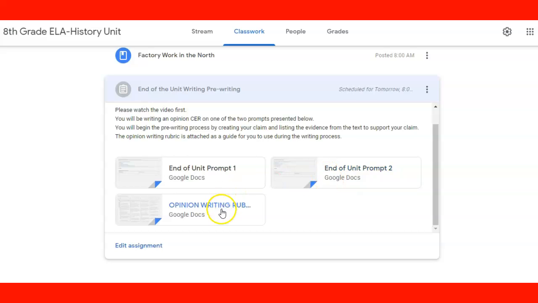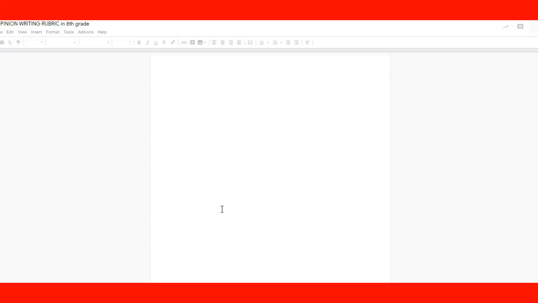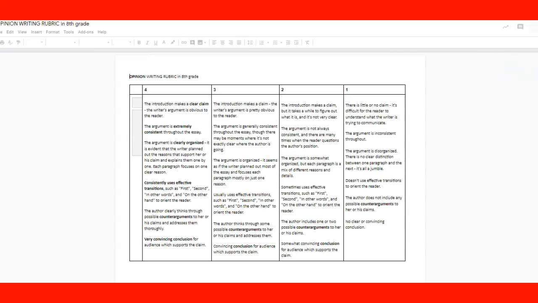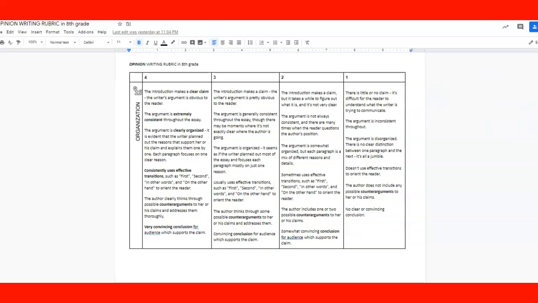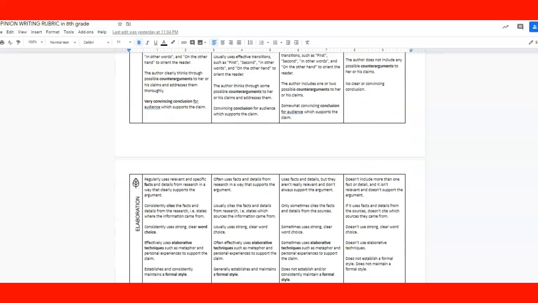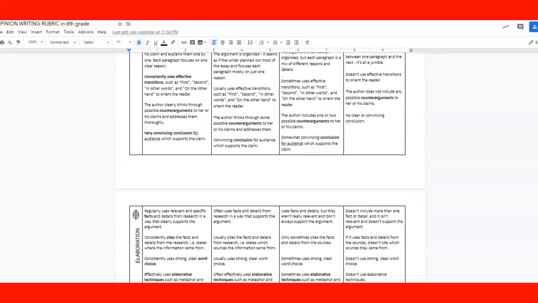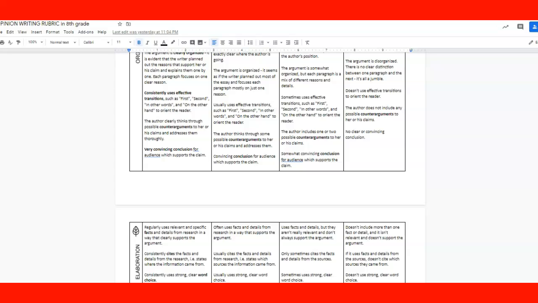Okay. Now, your opinion writing rubric. The rubric is here to guide you through seeing how Ms. Garcia and I will be grading your CER at the end of the week. So we have broken down the rubric into 3 categories. The first 2 categories are your most weighted categories. So organization.